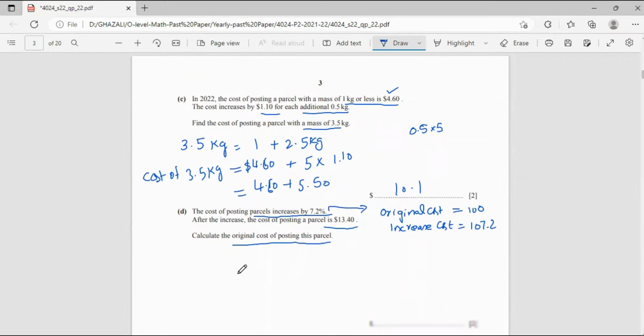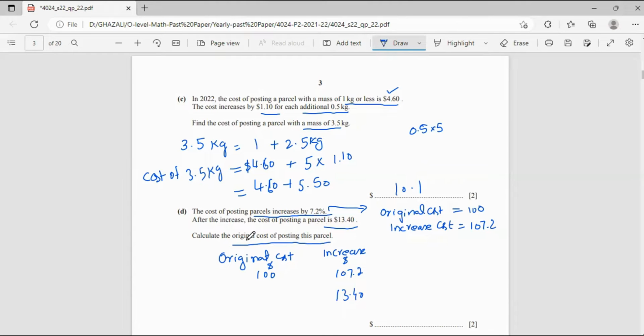Now we take the ratio of original cost to increased cost. We can calculate easily by this method. If the original cost is $100, then the increased cost is 107.2. And after the increase, the cost of posting is $13.40.